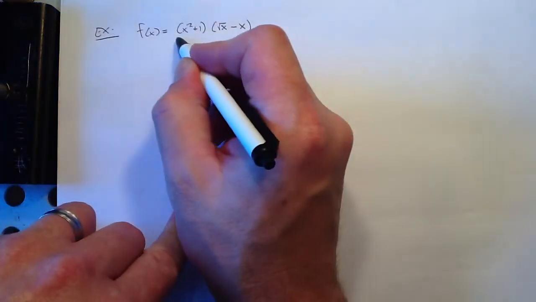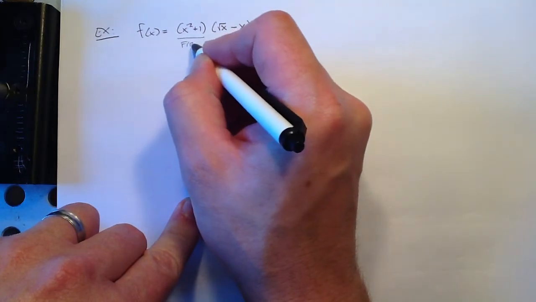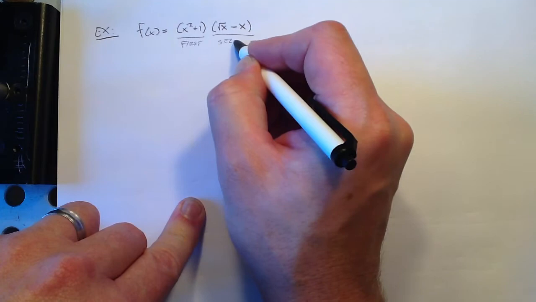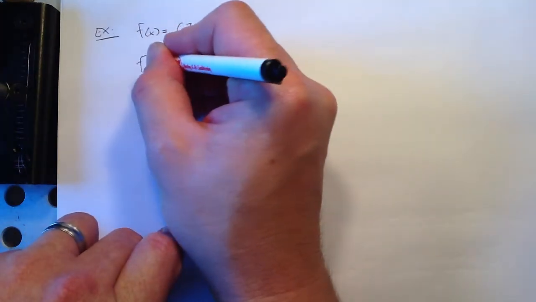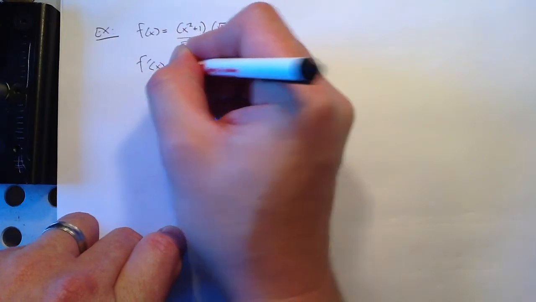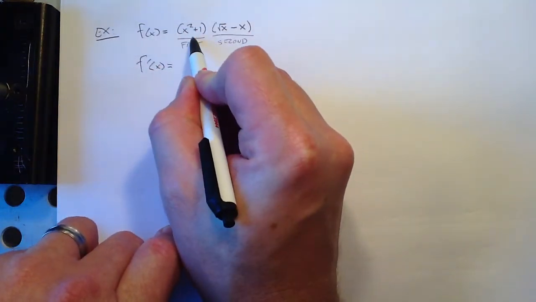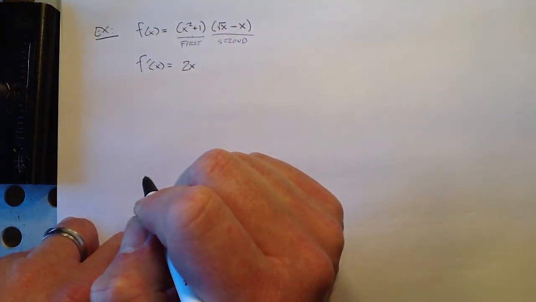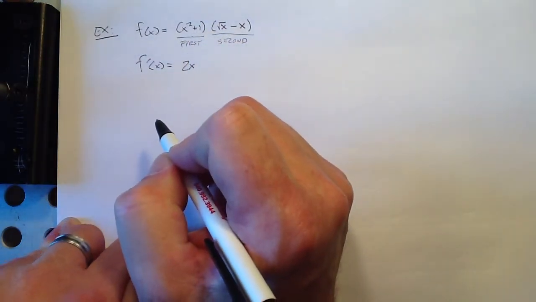So if I treat this like the first function, and this one is like the second, this is like the product of two functions, right? Then the derivative of this product of two functions is the derivative of the first, which is 2x, right? You should have plenty of practice with that. I'm hoping that that's very clear now, right?